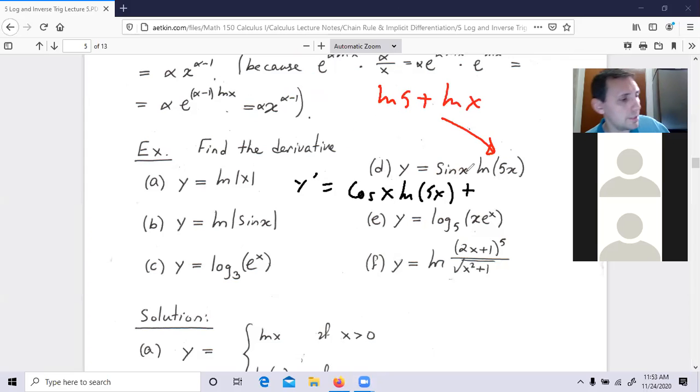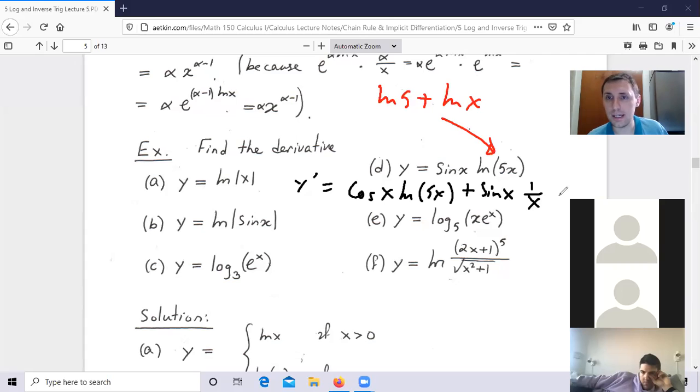So then I have sine x multiplied by the derivative of this expression. The derivative of ln of 5 is 0, the derivative of ln x is 1 over x. So we have that.